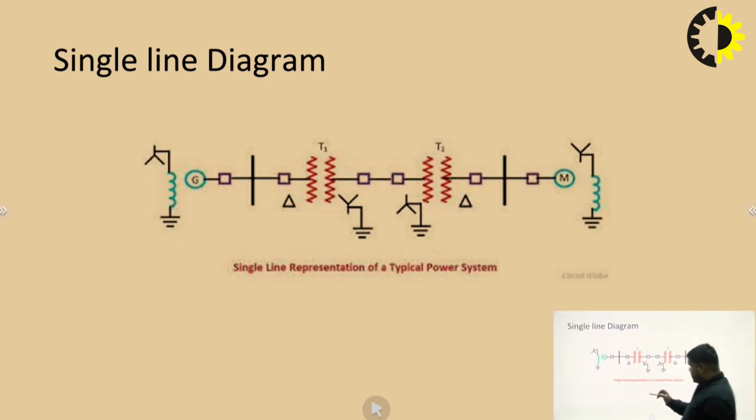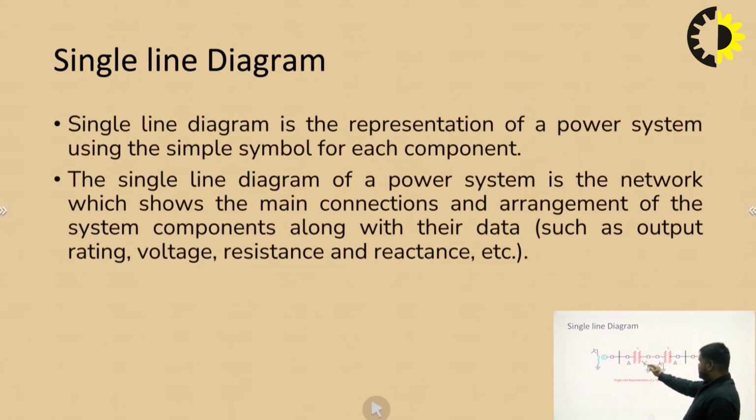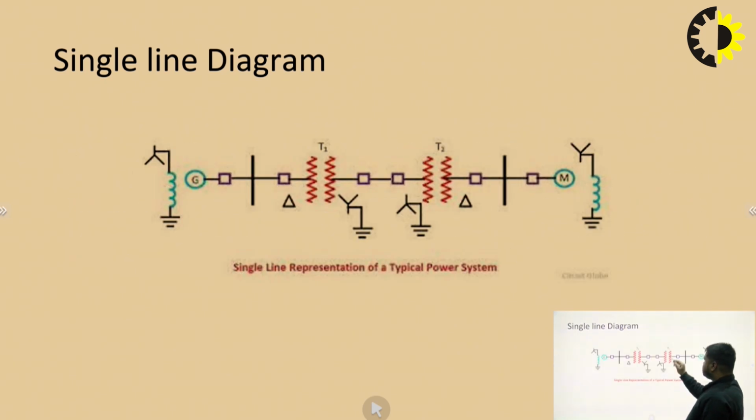We may see the typical layout of a single line representation of a typical power system. This one is the generator, these are the lines, this is a transformer, and this side is the load side.